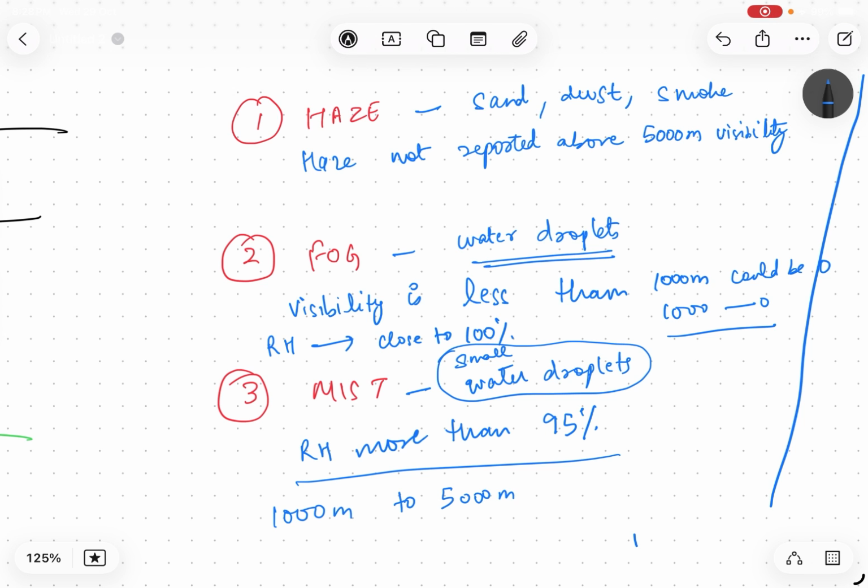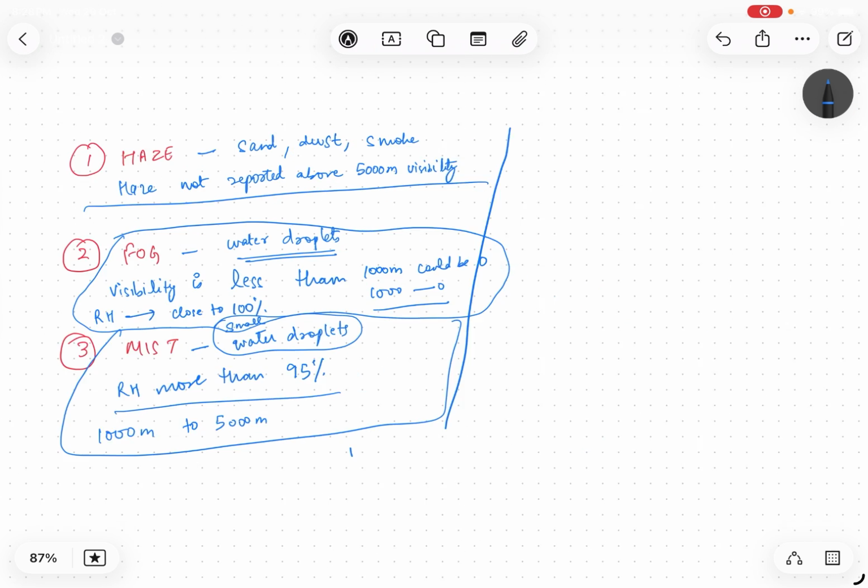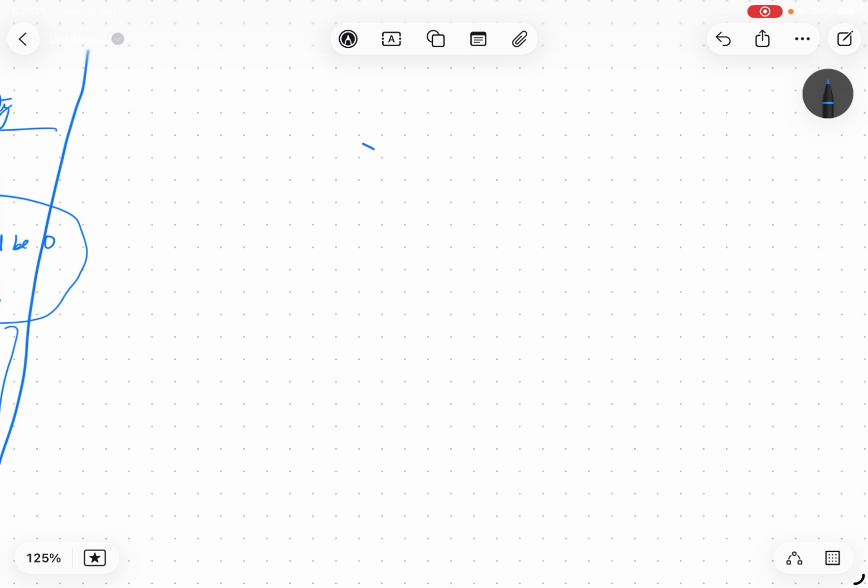So these are the differentiating categories that you could see, characteristics, sorry. So here, this is the characteristics of haze, then there is fog, and then there is mist. Okay, so I'll just draw you a table to make it even better. So we could say what is the descriptor?